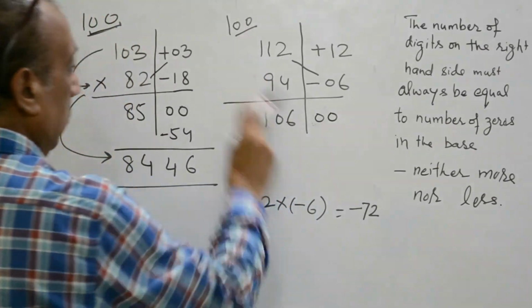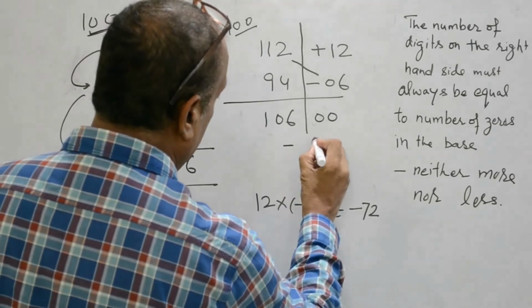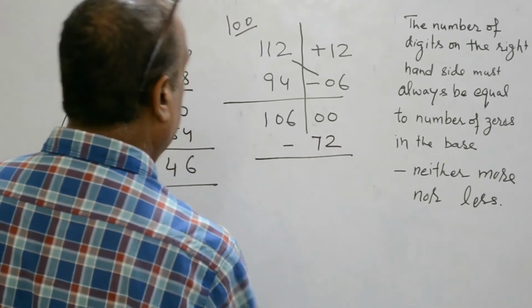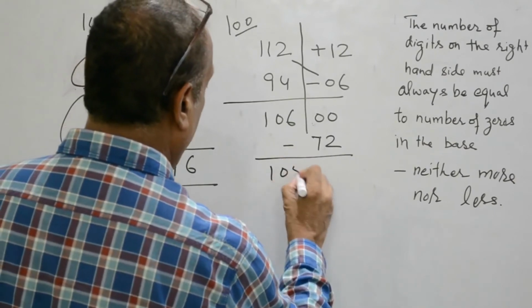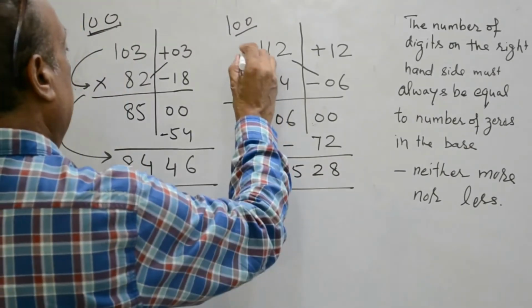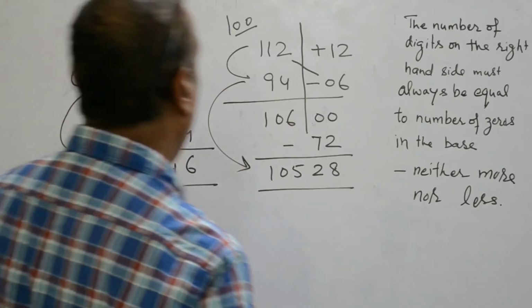Here we have two zeros, so we have taken two zeros over here. Now we have to deduct 72 from this number and we get 1, 0, 5, 2 and 8. So the multiplication of these two numbers is 10528.